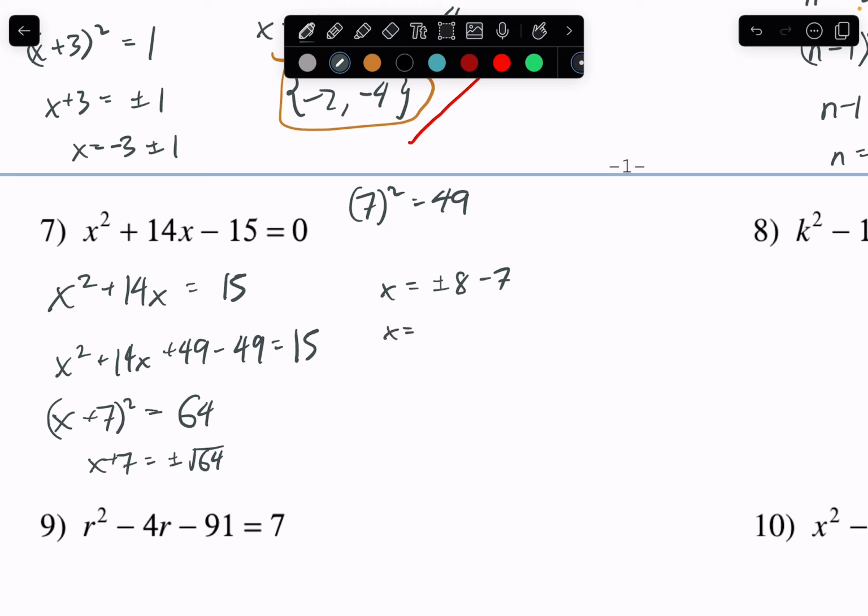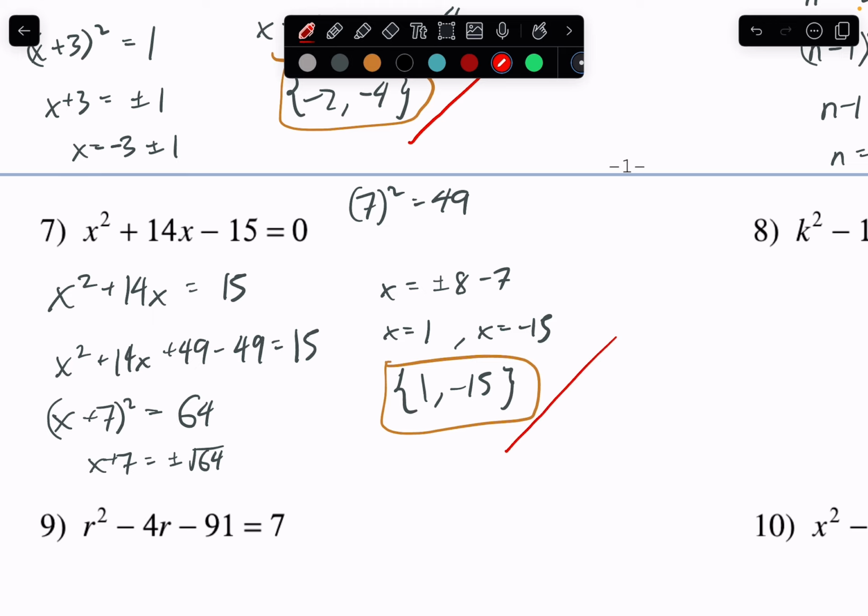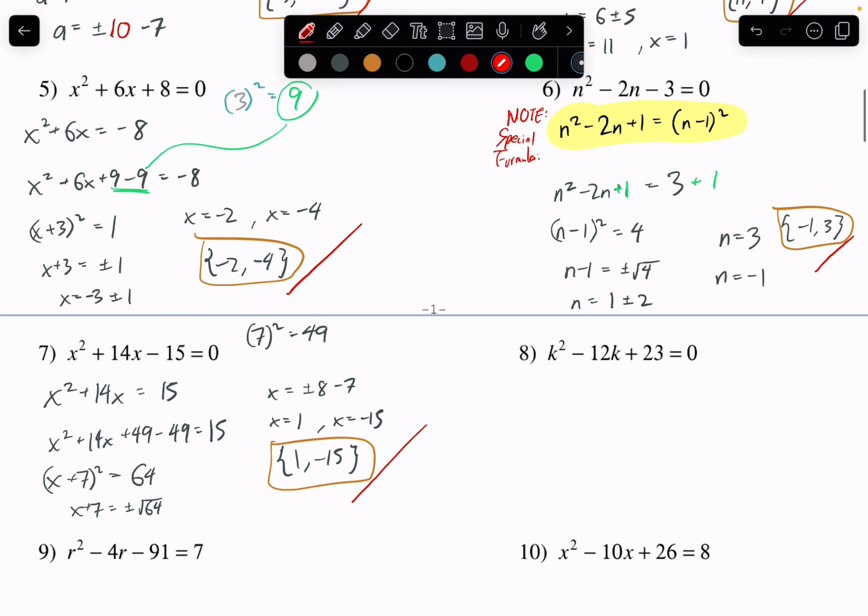So 8 minus 7 is going to be 1. And then -15. 1, -15. Is this the correct answer? Yep, it's correct.